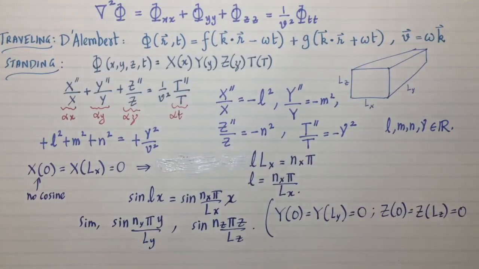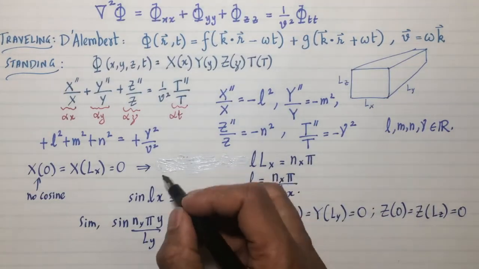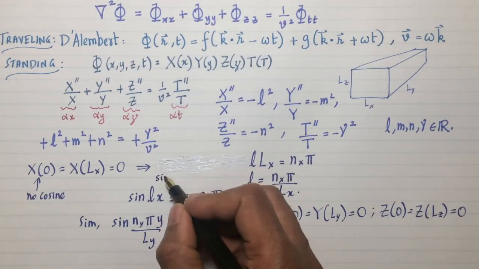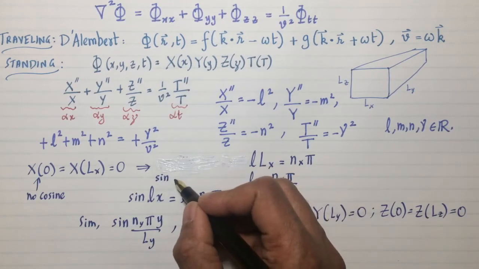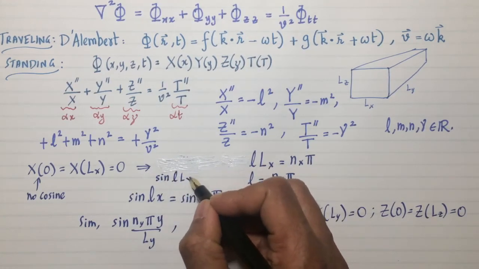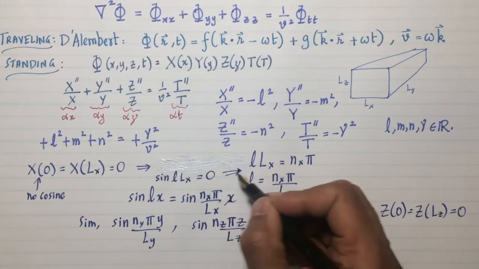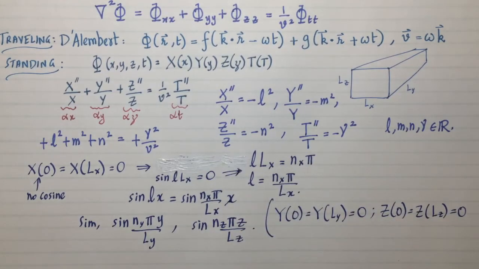So what I really did here was to set sine of L times Lx equal to 0, and that told me that L times Lx was nx times pi. So similarly, you get those other quantum numbers for these. So the full solution has got to be a product of all these three things.